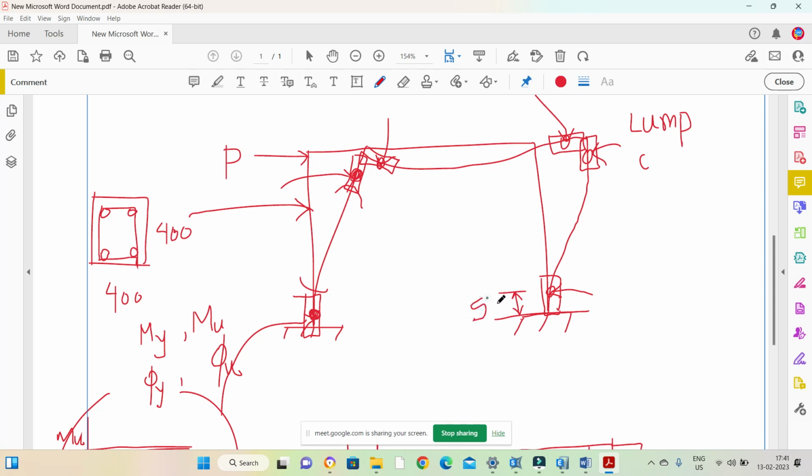This is the 5% of total length, so this is the total length of the member. At 5% of this total length I will consider this hinge. Similarly again from this point, this is again 5%. So if I go from this point, it will become 95%. So I can say, at a distance of 5% and 95% of the total length, my hinge will be located.